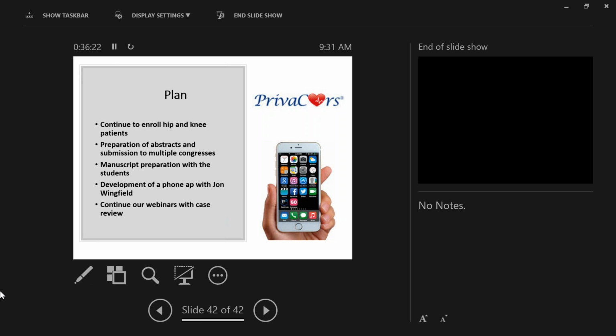Manuscript preparation with the students, development of a phone app with John Wingfield, who is a software writer, and then continue our webinars with case review, and expand some of the use of this software into other surgical fields as well.